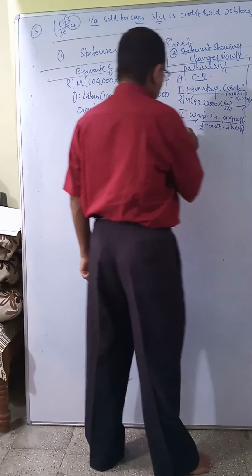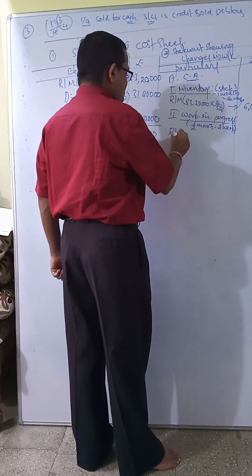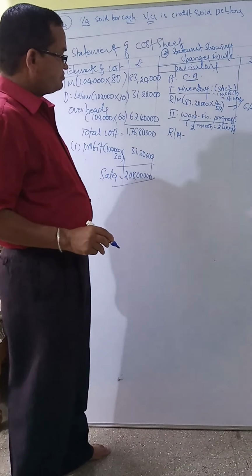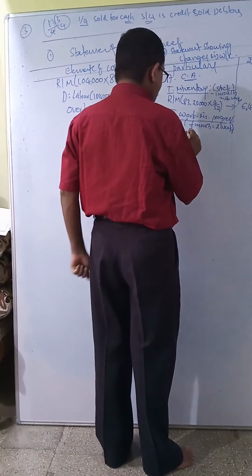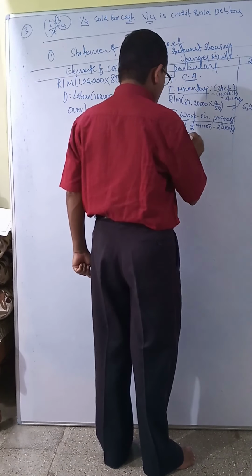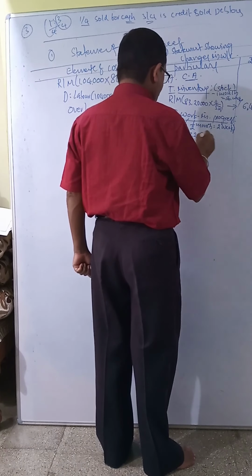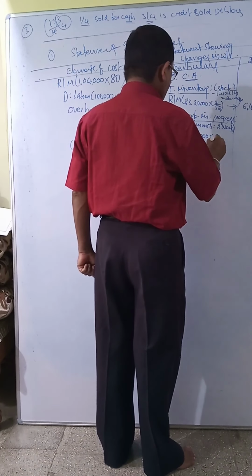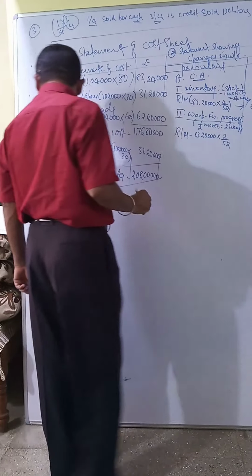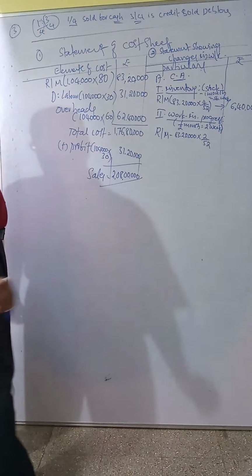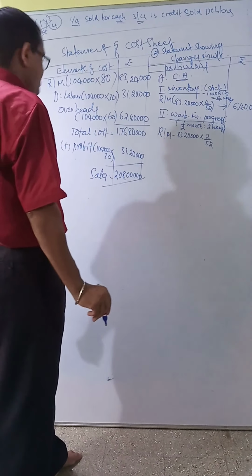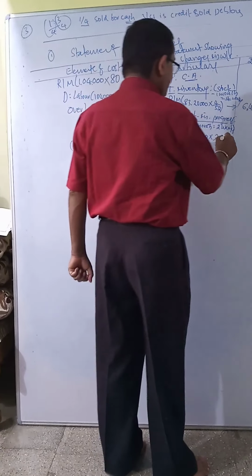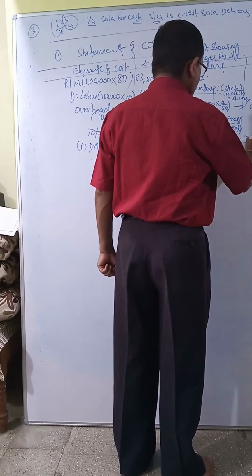Under work in progress, you take raw material again: the same 83 lakh 20,000 into 2 by 52, because out of 52 weeks we want only 2 weeks. So you get 3 lakh 20,000.